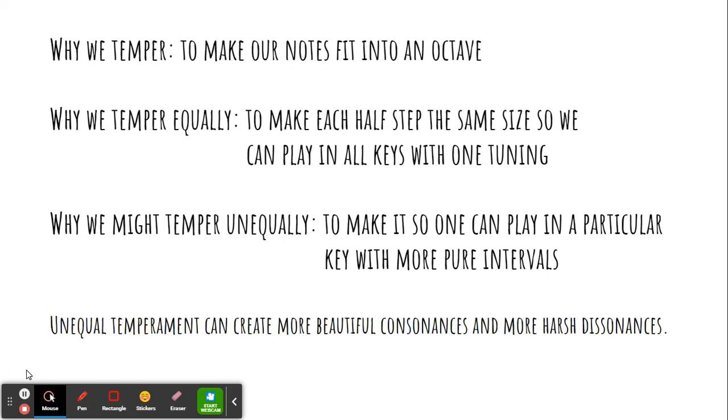Unequal temperament can create more beautiful consonances and more harsh dissonances. A consonance could be an octave or a fifth. A dissonance could be a minor second. Dissonances are something that are harsh. Consonances are something that is more pure or beautiful, depending on the listener.